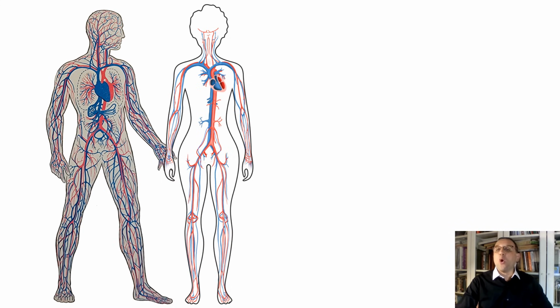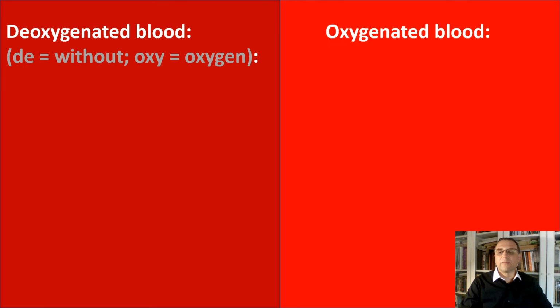But before we go into the structures of the heart and blood vessels, I would like you to remember one very important thing about the blood in the human body. Not to get lost in the circulatory system, one has to remember that there are two types of blood in our body. The rest of the understanding depends more or less on common sense.